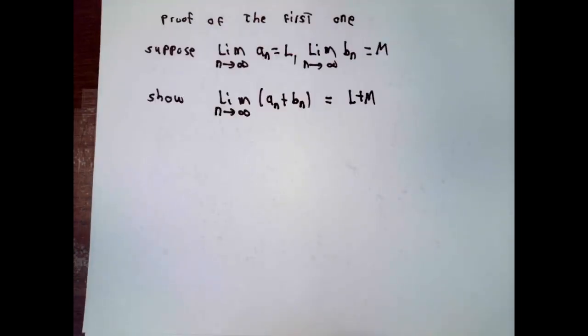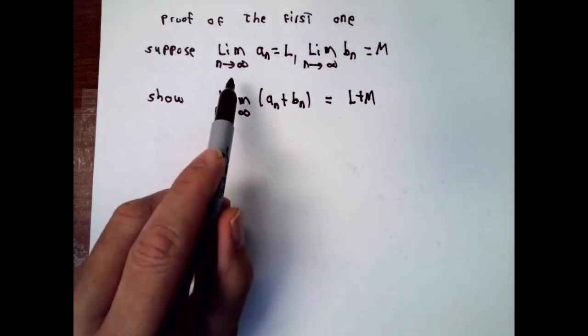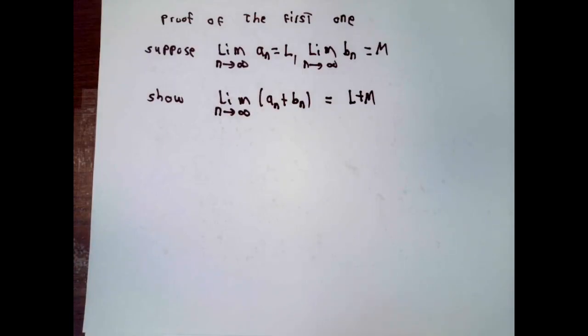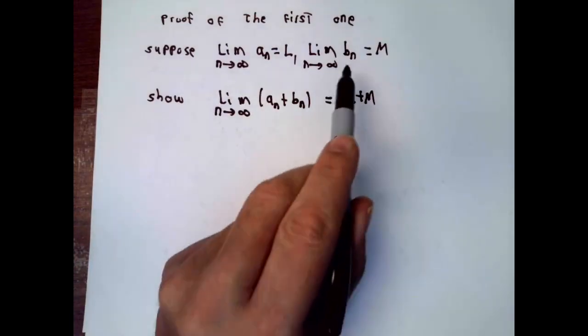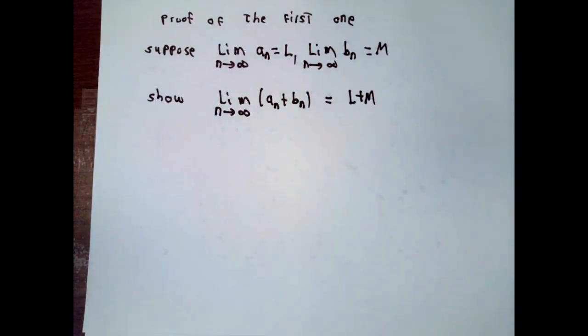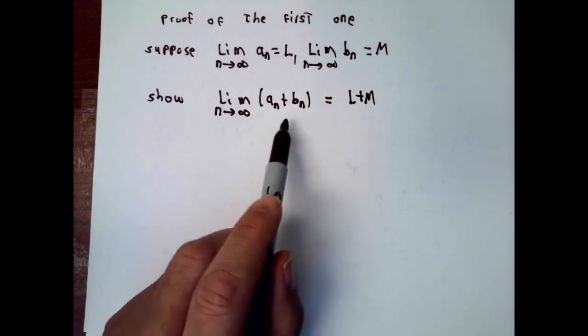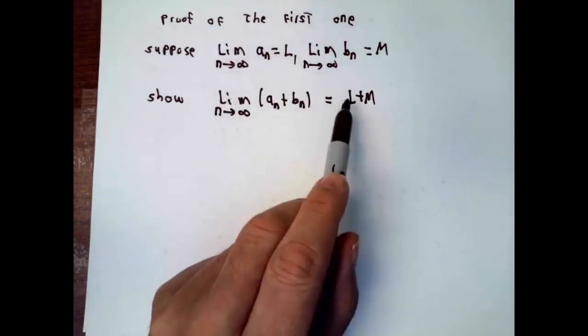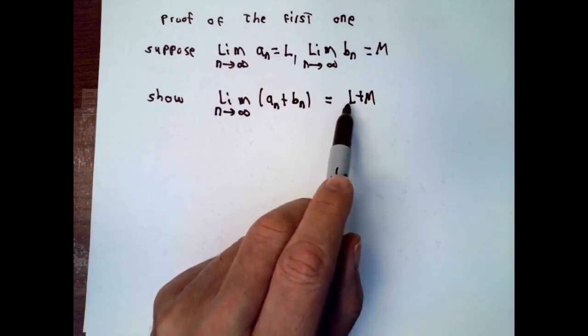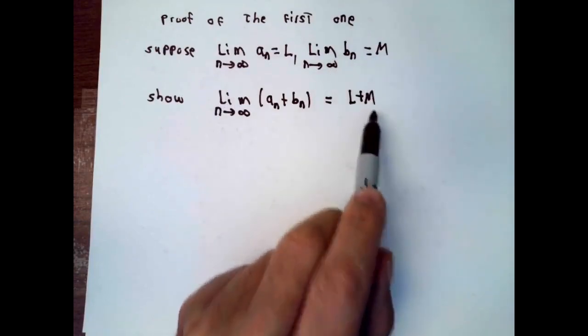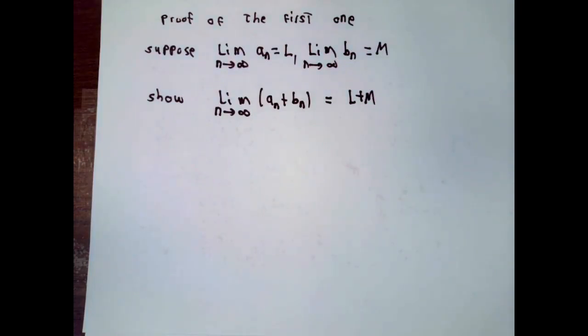As an example of how this logic works, suppose that the limit as n tends to infinity of a sub n is equal to some real number L, and that the limit of the b sub n numbers is some real number m. Both limits exist. I want to show that the limit as n tends to infinity of the numbers a sub n plus b sub n equals the limit of the a sub n's by themselves plus the limit of the b sub n's by themselves.